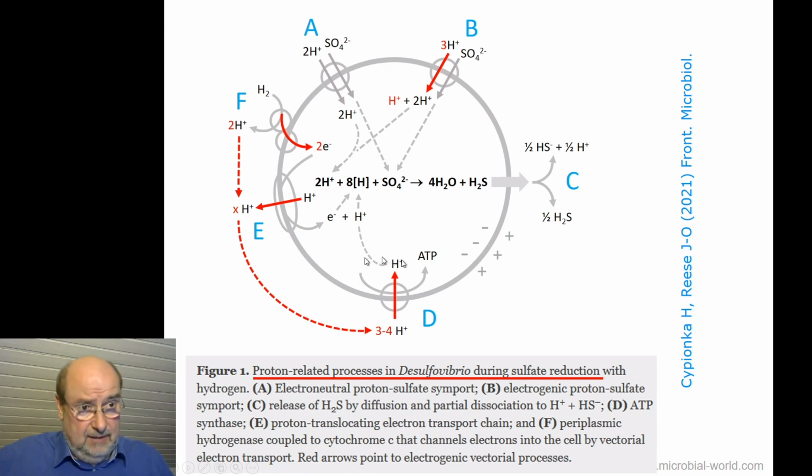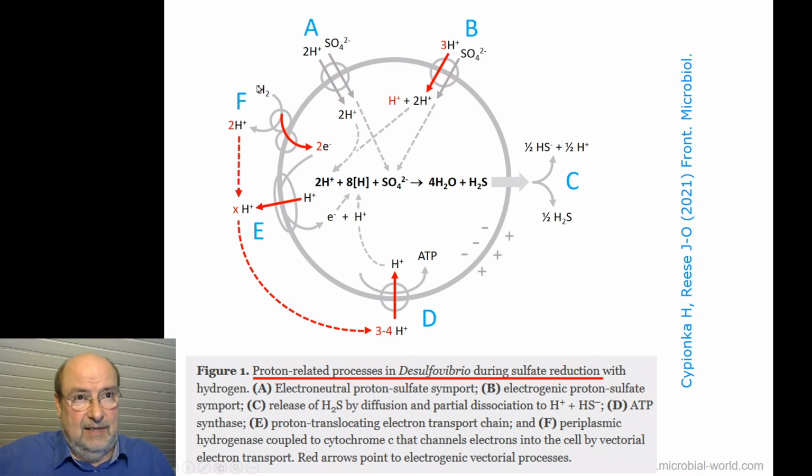Then we have the ATP synthase, already known. We have an electron transport system that translocates protons. And we have even one more interesting system, and this is that the hydrogenases in many Desulfovibrio are located in the periplasm, so outside the cytoplasmic membrane.